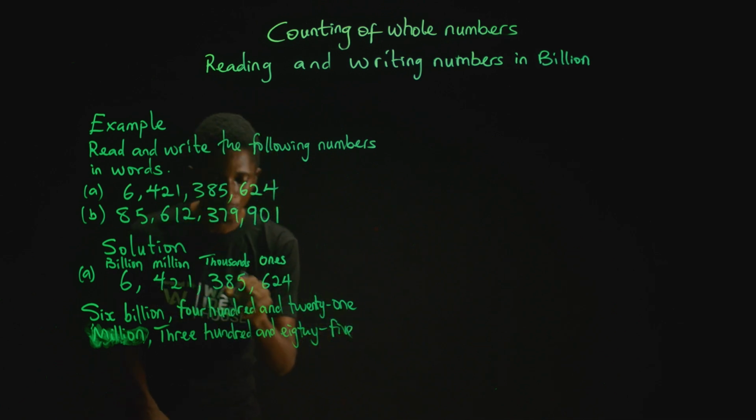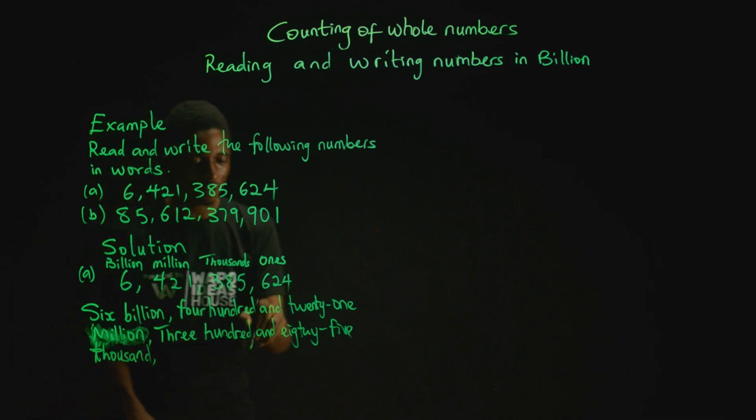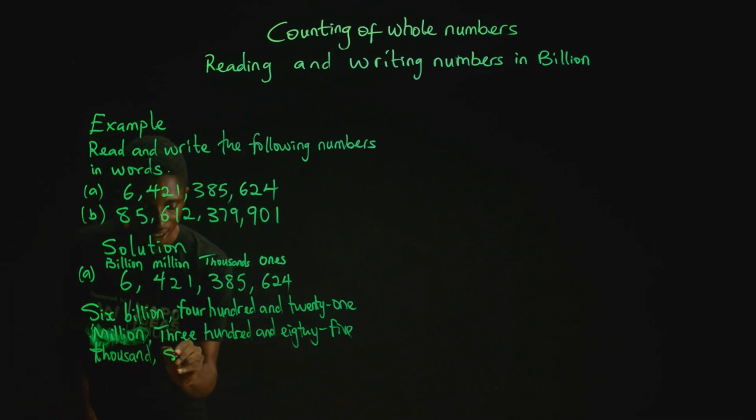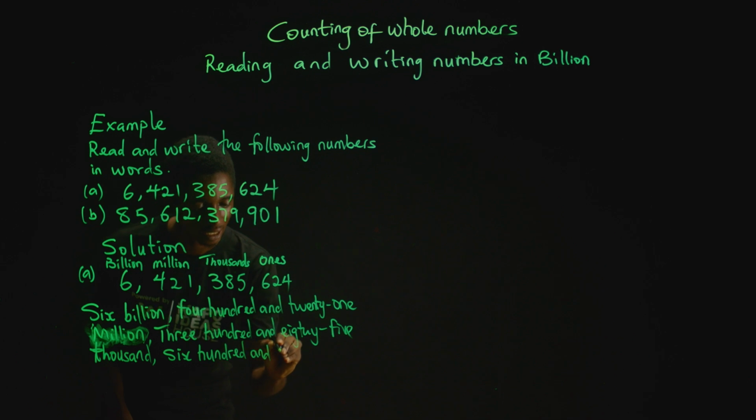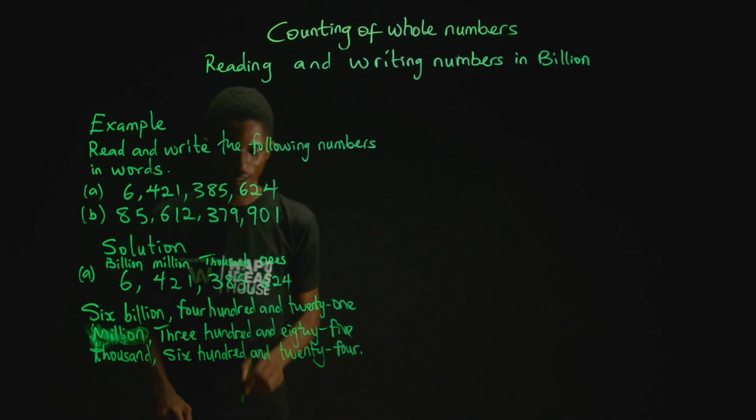Following that, we then have 385, and the place value this time is what? Thousand. And then the final three being what? 624. There.